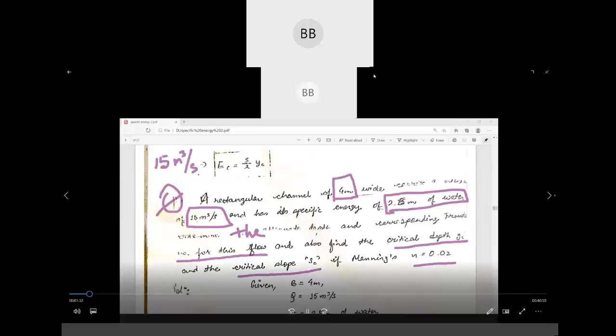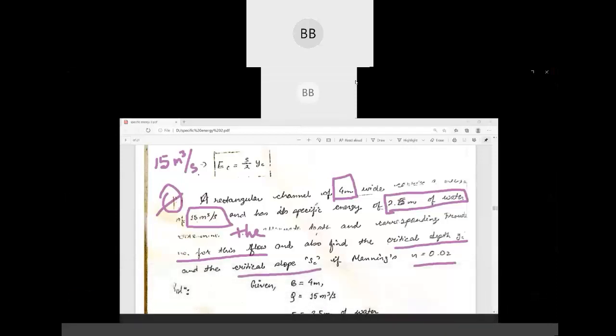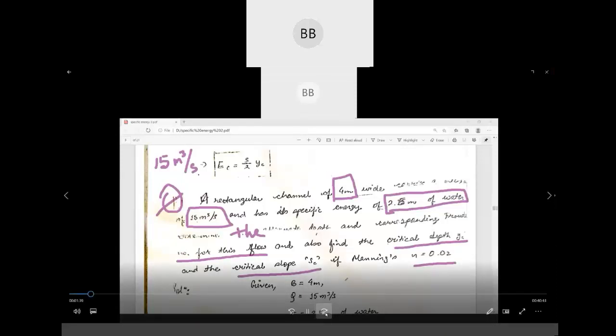So you write down the first numerical, then we will move on to the solution. So this is the numerical.